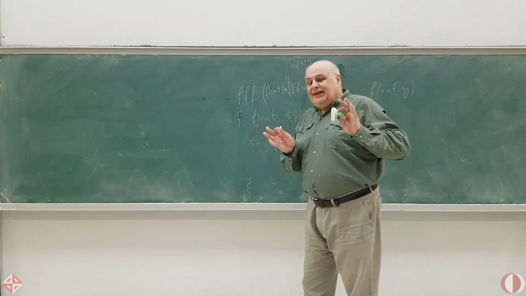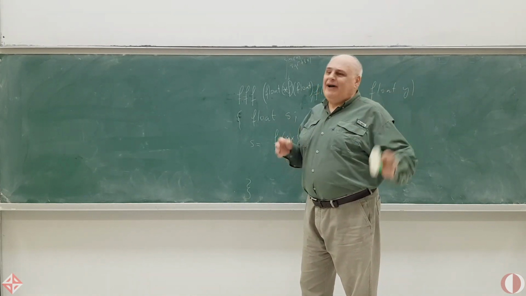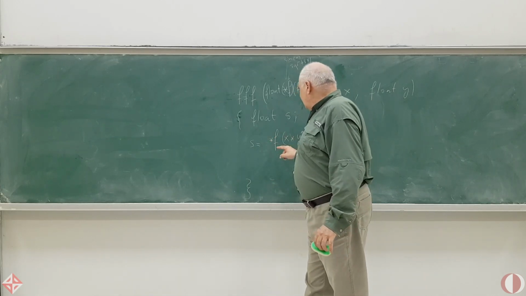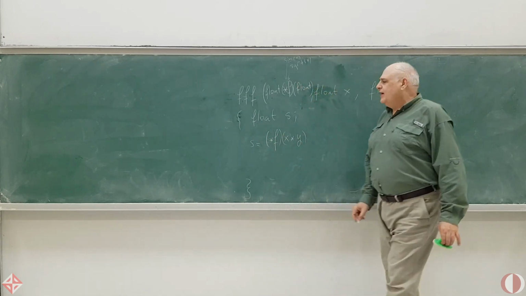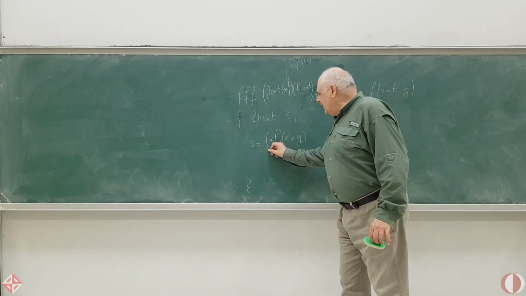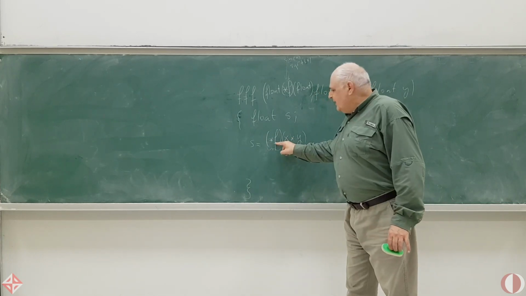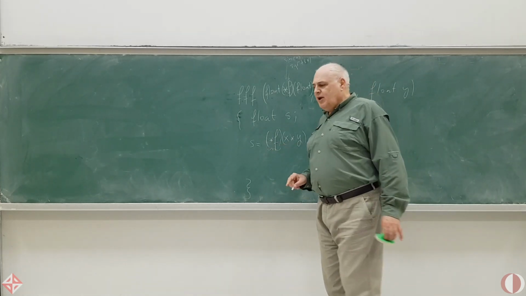So the object that is pointed to is a function, so you dereference it. Since this will have another meaning, you also put a parenthesis around here. Yes, this is the function. This is the function pointer, and this is the function.